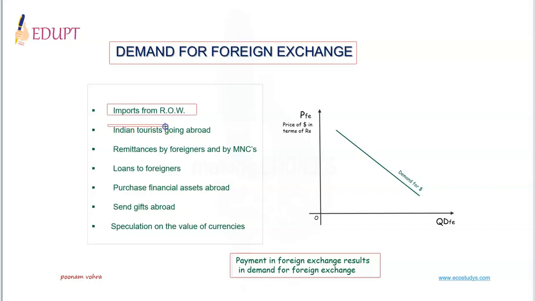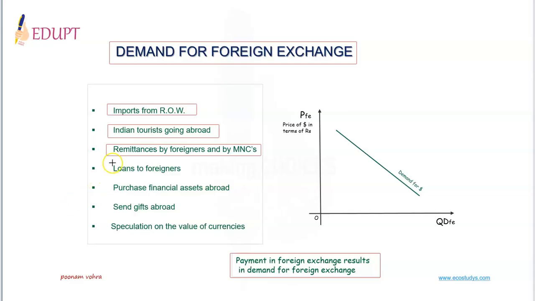Payments are made when Indian tourists go abroad to meet their expenses, when foreign workers earn income and send their income to their families in their parent country, that is remittances by foreigners working in India, as well as remittances by multinational corporations in the form of profits and dividends to be sent to their parent country.